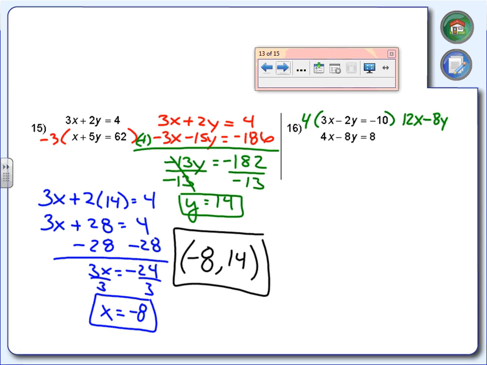So right now, I'm going to leave it as positive 4. But yes, I could have very easily used a negative. 4 times negative 10 is a negative 40. Now remember, we're not doing anything to the second equation. It's going to stay exactly like it is.